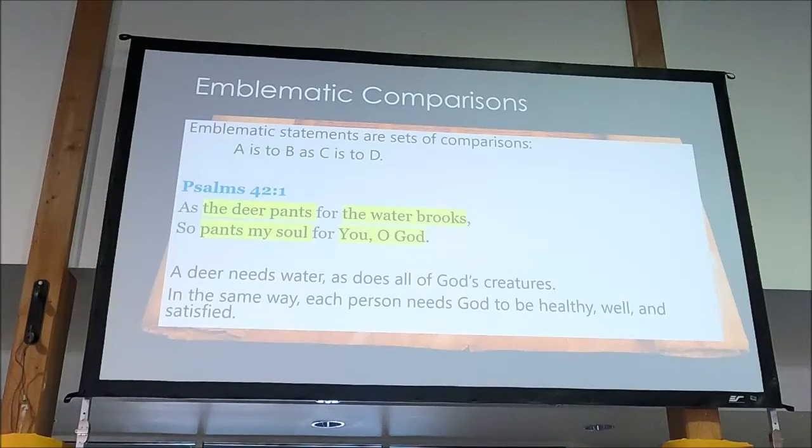All right. Take a look at then Proverbs 11 verse 22.